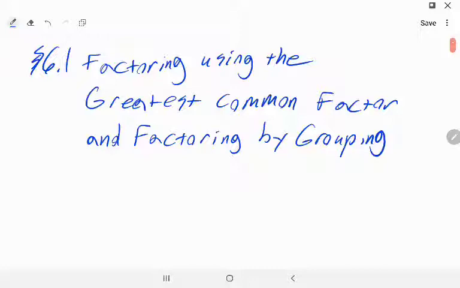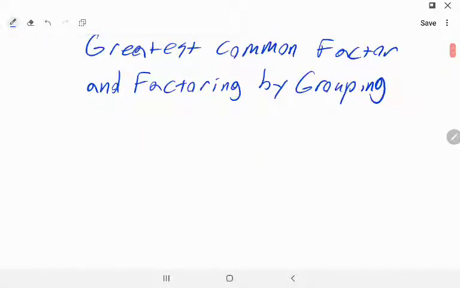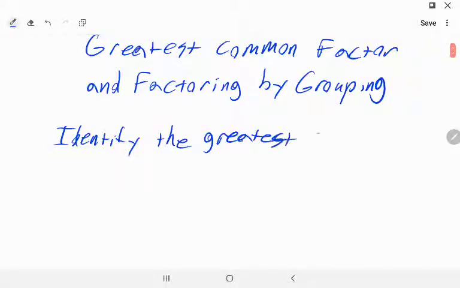So factoring using the greatest common factor, we first want to identify the greatest common factor, which we'll also often call the GCF.